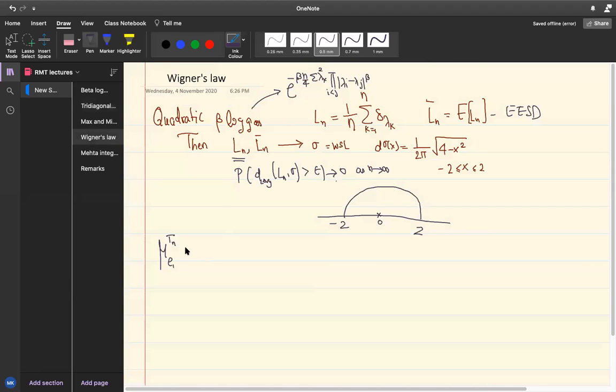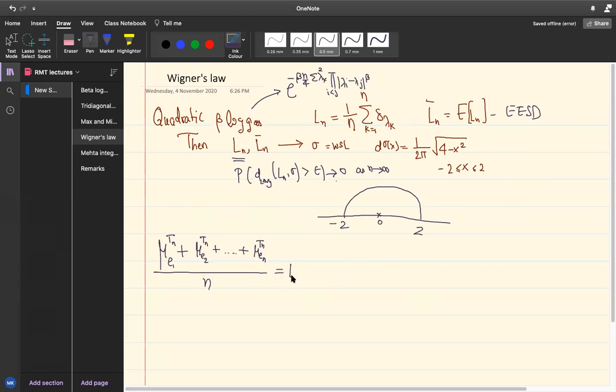What one can see is that if you take any orthonormal basis, for example the coordinate vectors, these are n probability measures. Let me take a convex combination, so I get another probability measure.